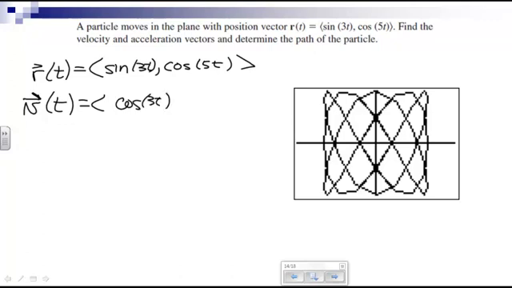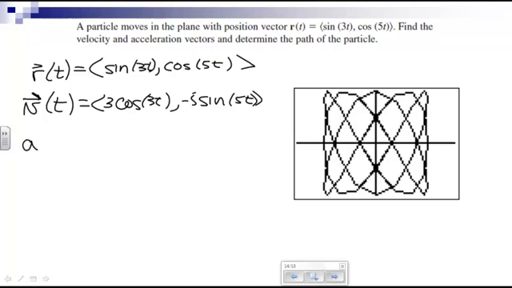Keep the inside the same, but don't forget the chain rule, the derivative of the inside. The derivative of cosine is negative sine. Keep the inside the same, but don't forget that chain rule. So the velocity vector in this instance is 3 cosine 3t, minus 5 sine 5t.